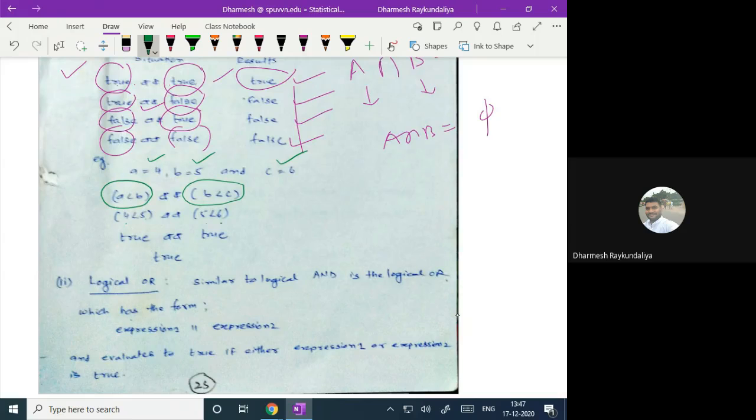Because it will first operate the bracket, is 4 less than 5? Yes, 4 is less than 5. The result is true. Is 5 less than 6? Yes, the result is true. And because both expressions are true, the final result is also true in a logical AND. Then the result of this expression is true.